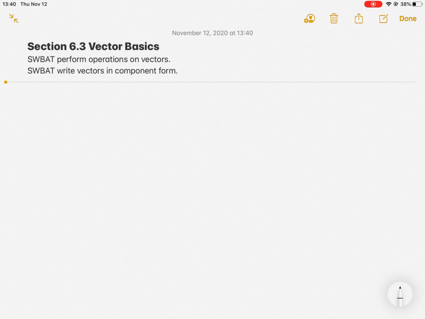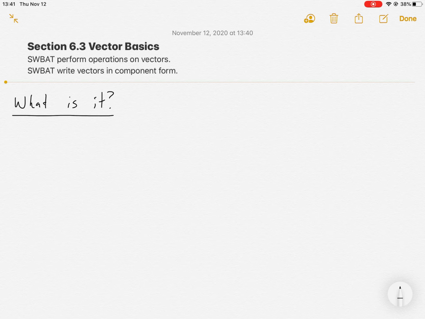So to start off with, let's just talk about what the heck these things are. We're going to do this from an intuitive standpoint, and then we'll write a more formal definition afterwards.